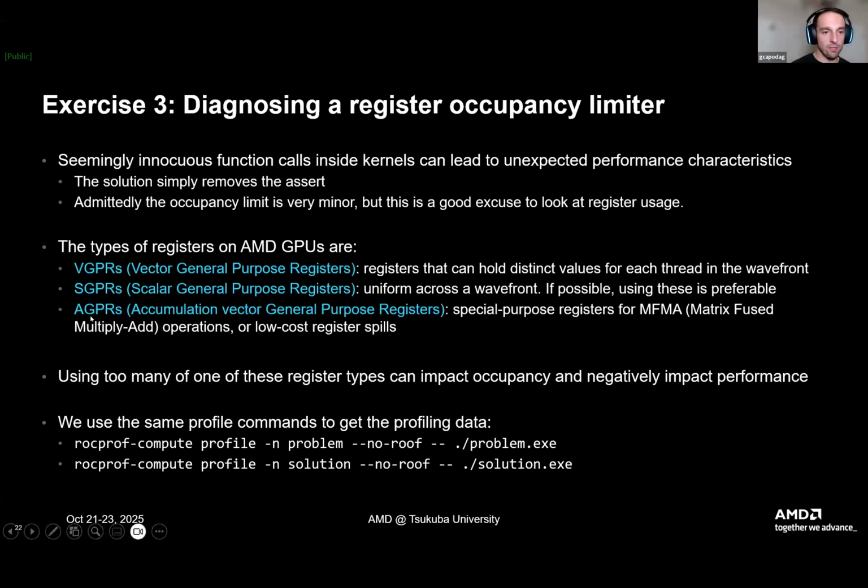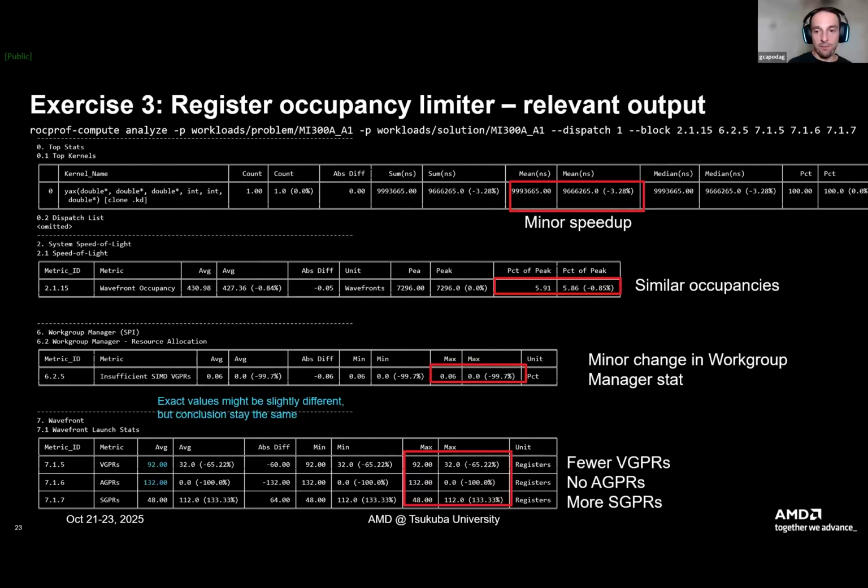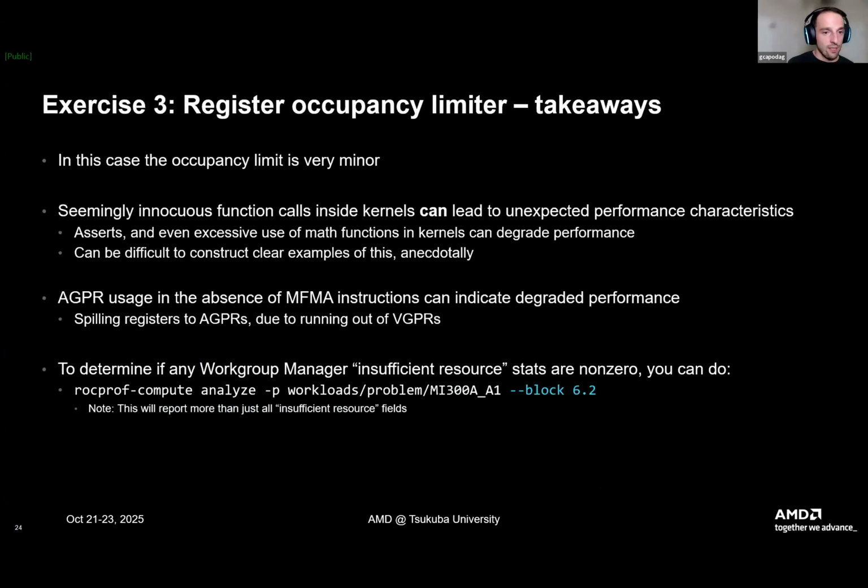And I'm not going to describe the registers here since we actually talked about them already in the HEAP presentation. So yeah, there's just a little improvement here. It is not dramatic, but there are other cases where, for instance, calling math functions heavily inside the kernel can clog your register use a little bit.